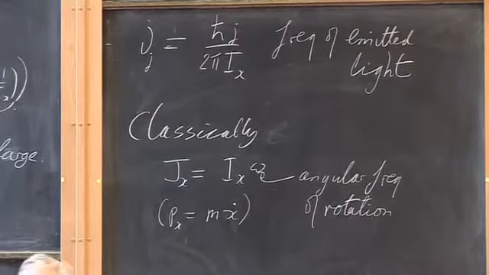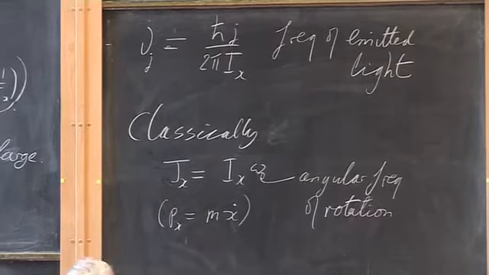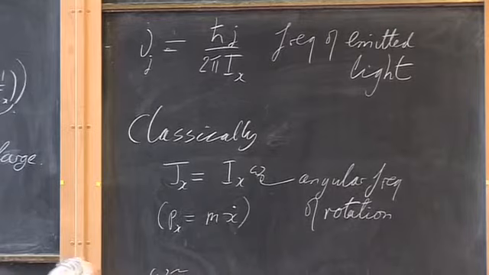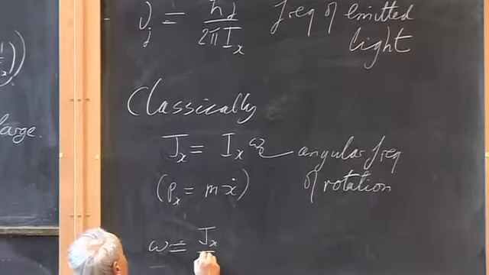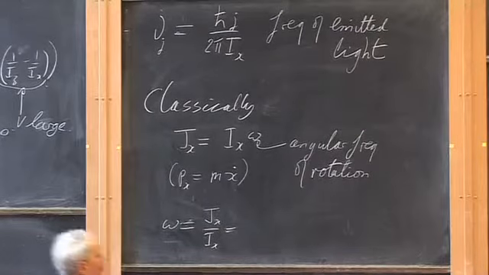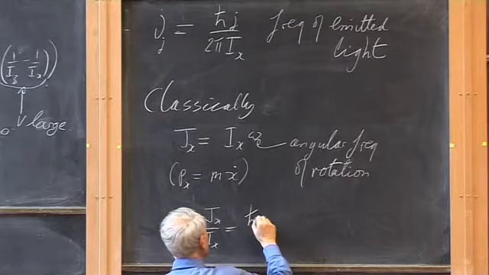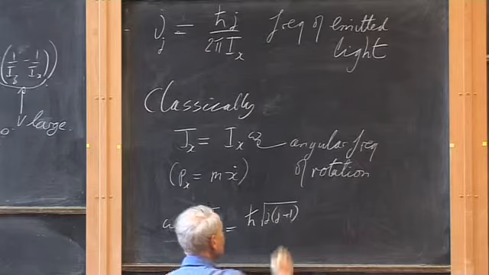So when you're in a state, what do we think that omega should be? Omega should be equal to Jx over Ix. That's classical. Doing it quantum mechanically, this is going to be h bar times the square root of j plus 1.